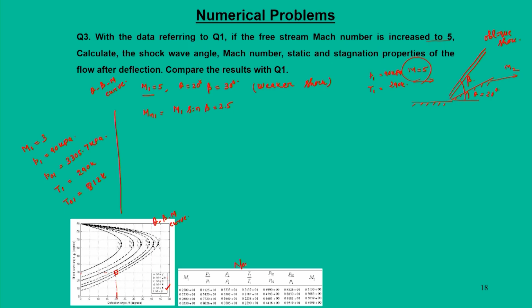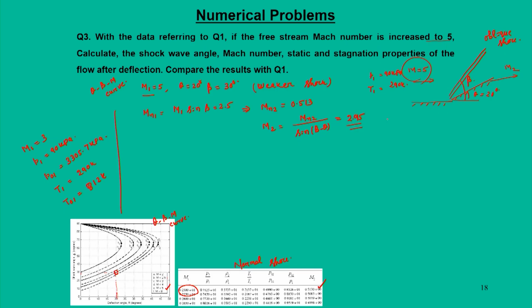So, take the normal shock table for Mn1 equal to 2.5. This implies Mn2 is equal to 0.513. Then we can find M2 is equal to Mn2 divided by sin(beta minus theta), so this value is now 2.595.